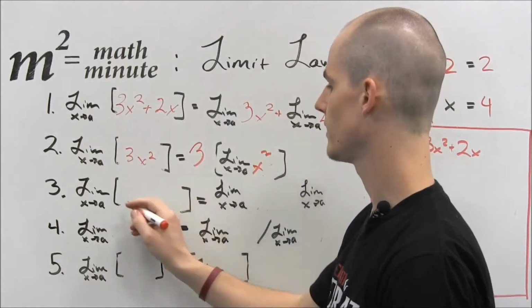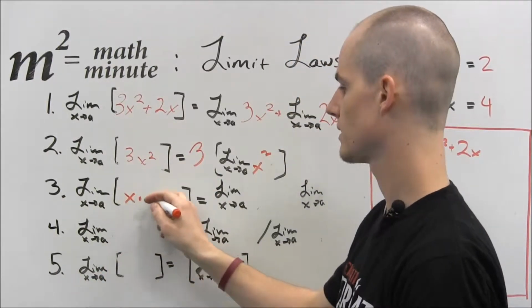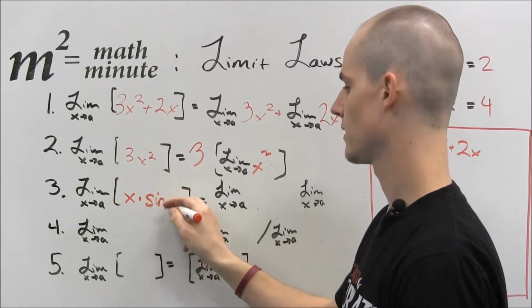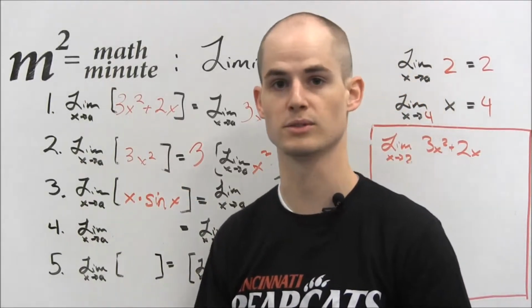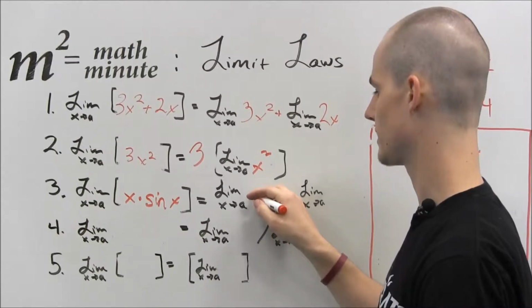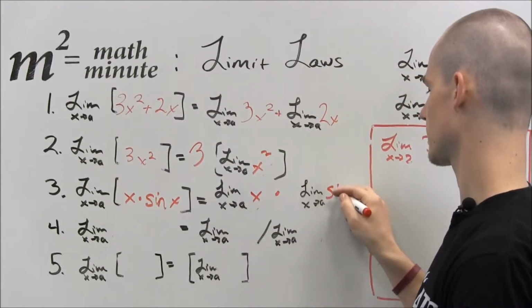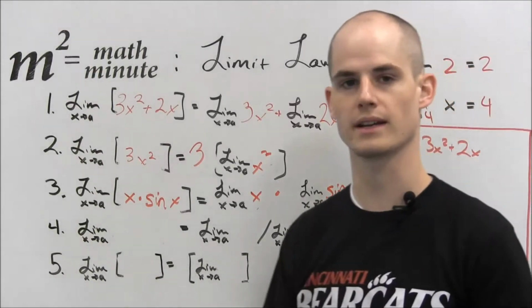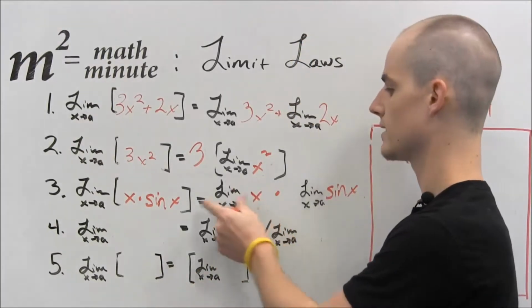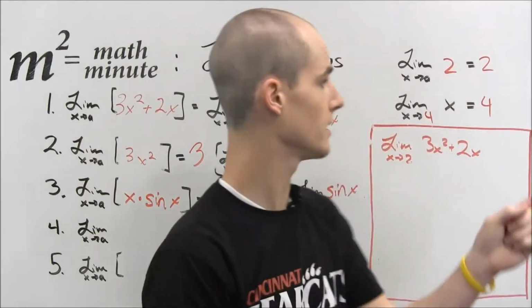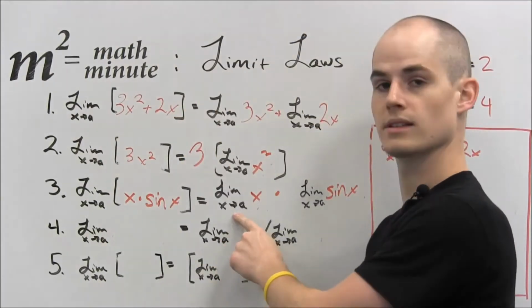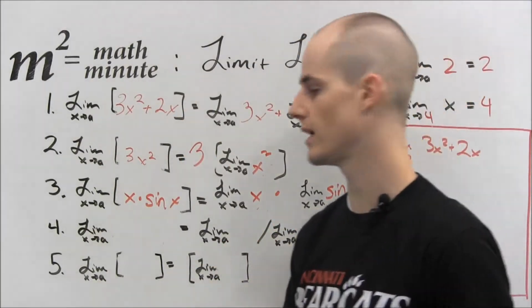So if we have a function times another function, we can split it into two limits. So the limit as x approaches a of x times sine of x. Just splitting it again. We're once again trying to get this to look like this, and as you see, this one worked. We would just have to do a little bit more for that.